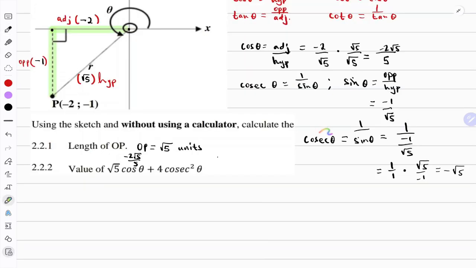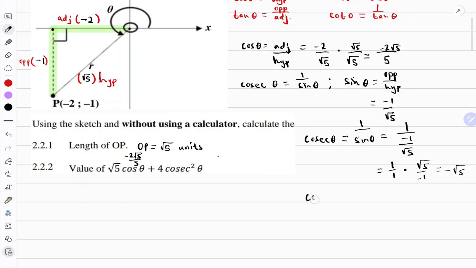So now that we have cosec theta, we can write cosec squared of theta. Cosec squared of theta is equal to minus square root of 5 squared, which is equal to 5, because minus 1 times minus 1 is 1, and square root of 5 times square root of 5 is 5.